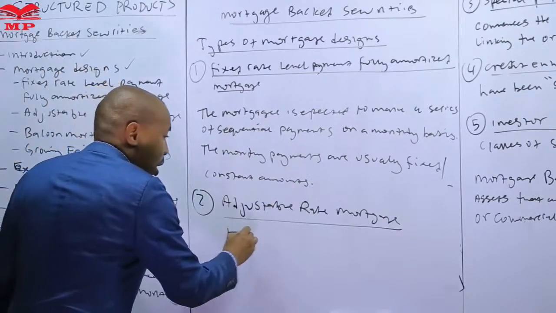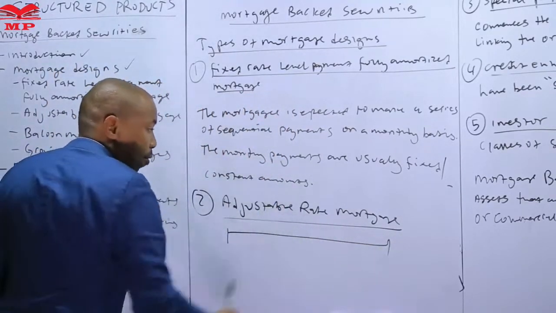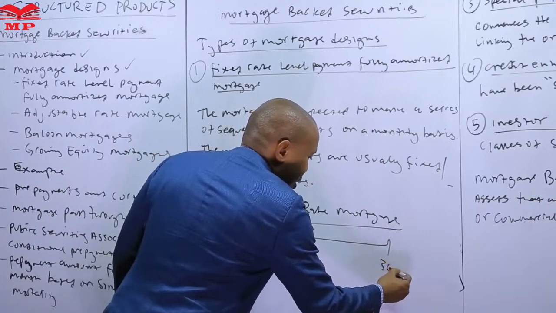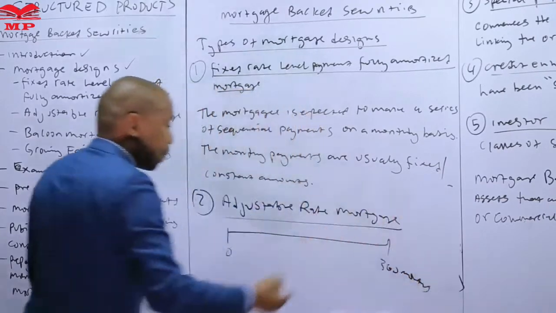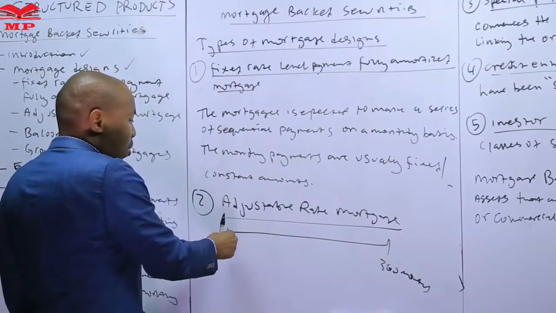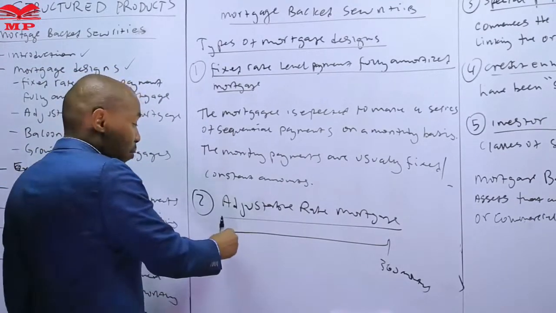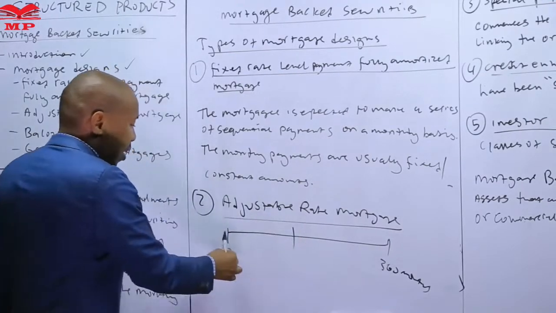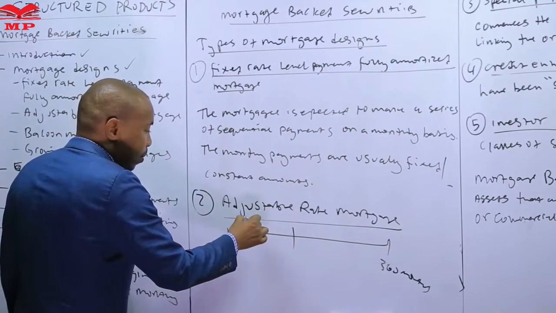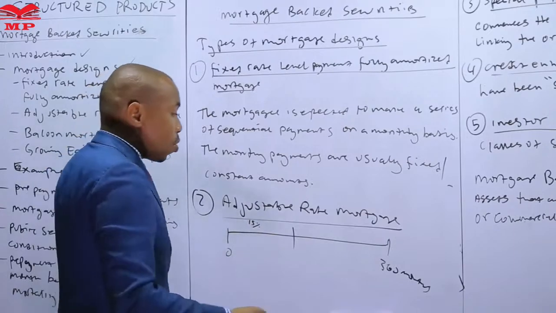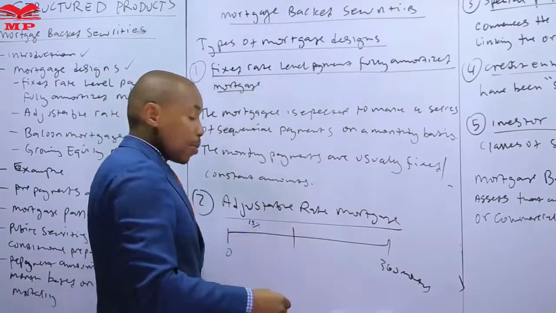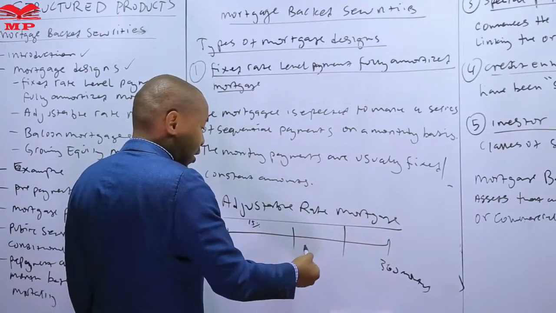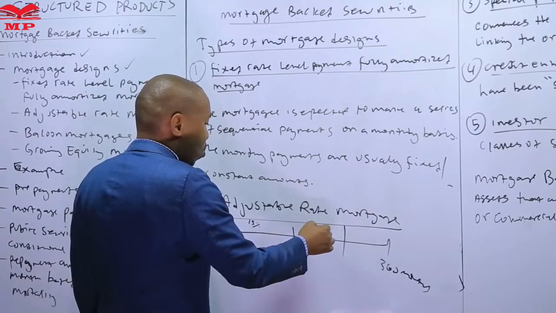We have the mortgage payments over the life of the mortgage, say maybe 360 months, and depending on the way the economy is performing, say the interest rate is supposed to be 15%, but the economy seems to have been booming, so you expect the mortgage rates to go down to around 10%.